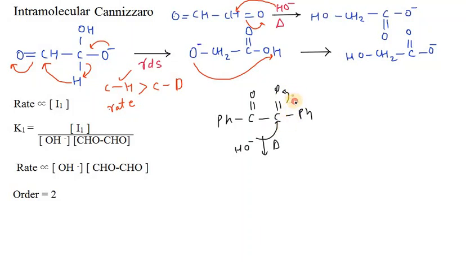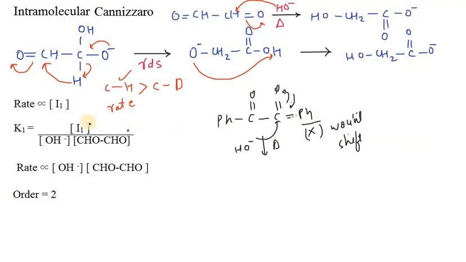When this oxygen again back-flips over here, this phenyl won't shift. Why won't it shift? Because it is resonance stabilized and there is a partial double bond over here. So it won't show an intramolecular Cannizzaro reaction.